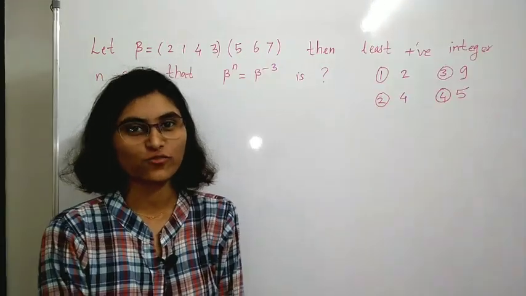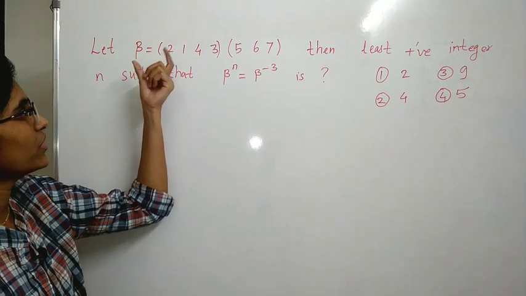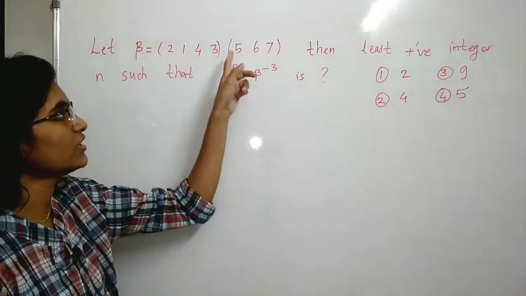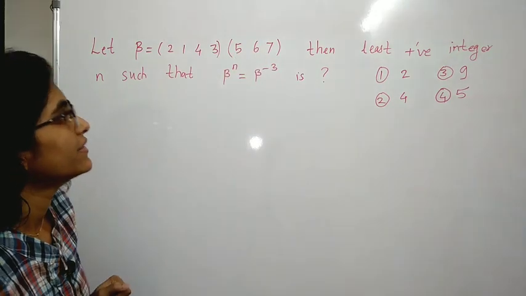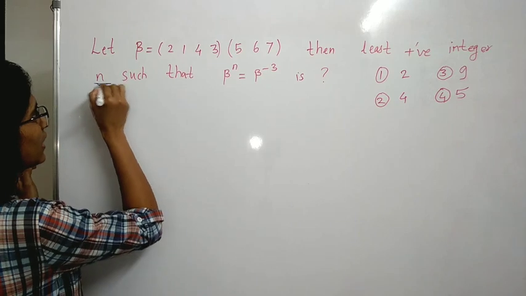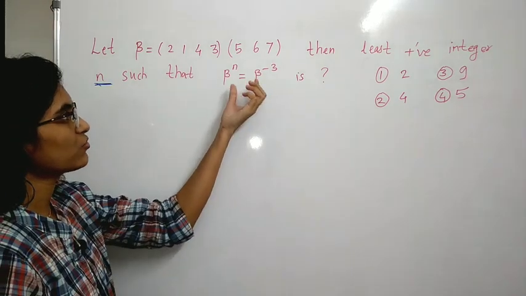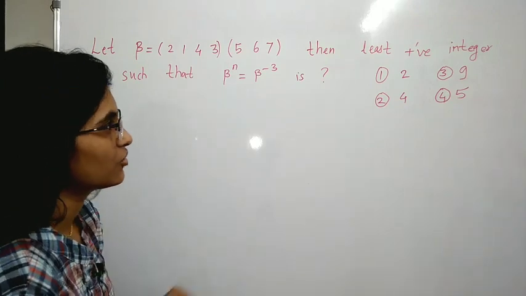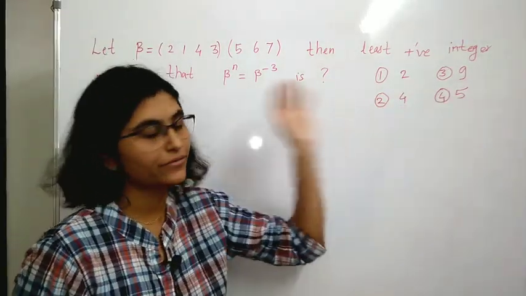Now let us solve the next question. We have given beta as a product of two cycles (2 1 4 3 5)(6 7). Then the least positive integer n such that beta raised to n is equal to beta raised to minus 3 is, the options are 2, 9, 4 and 5.